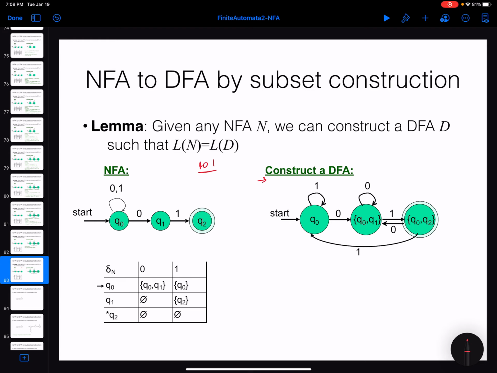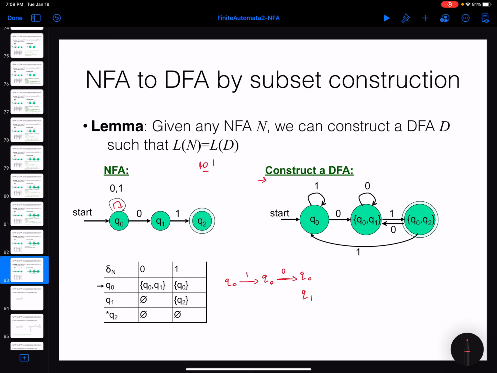If you run this string over the NFA, you start at Q0, right? By seeing a 1, you will stay at Q0. There is only one transition here. And then by seeing a 0, you can either stay at Q0 or you can go to Q1.